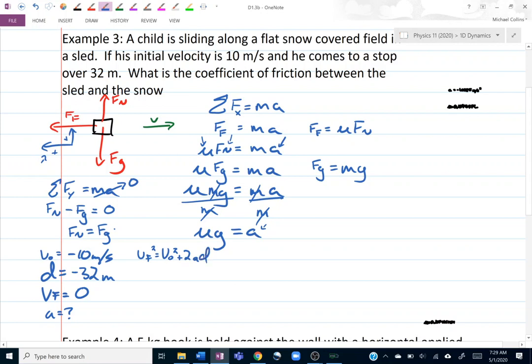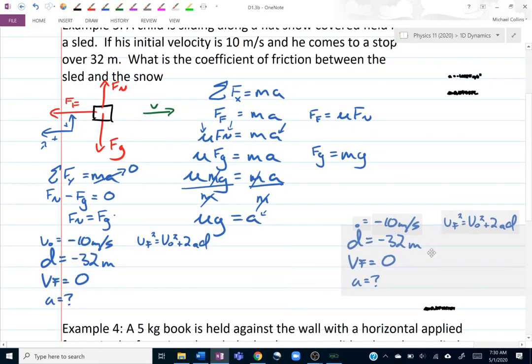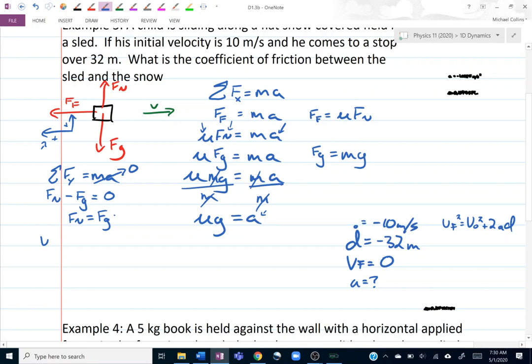I'm going to see if I can take this whole thing and move it somewhere that's going to be less cramped. Let's take that, move it over here. Yeah, that looks better. So 0 is equal to V naught squared plus 2AD, since my final velocity is 0.